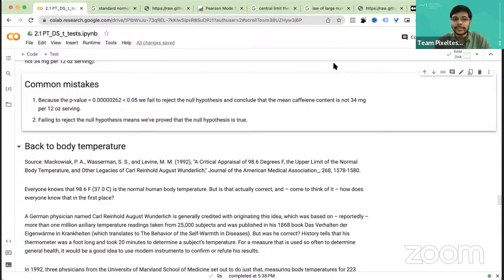I think it is based upon context, and Ravindra sir, here they are not talking about our example where the null hypothesis is the Coke being closer to 34 milligram. It is in general.